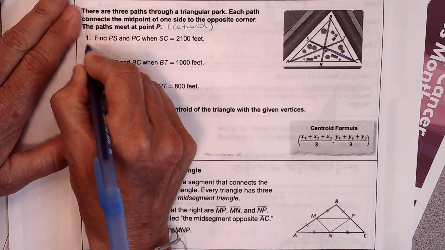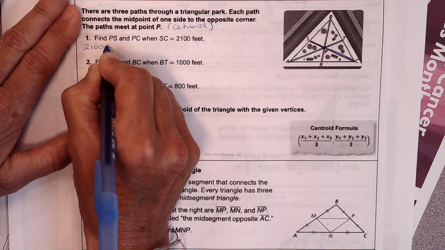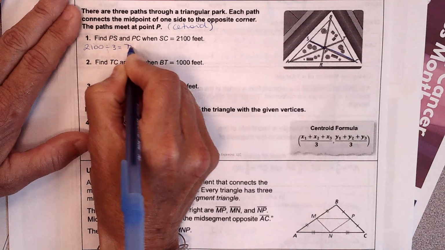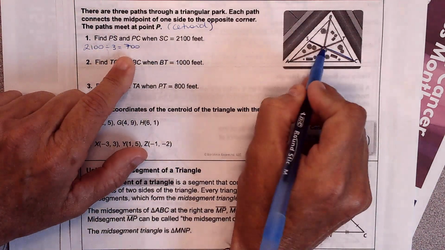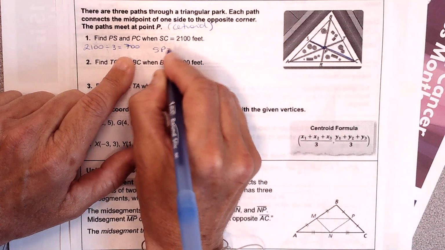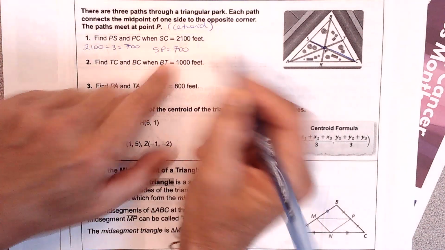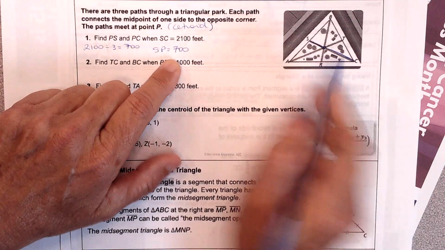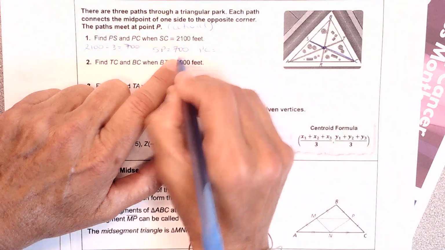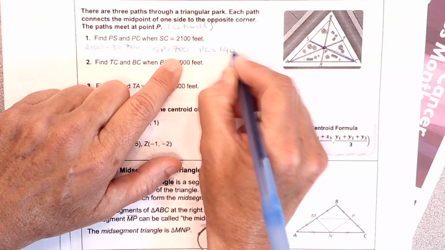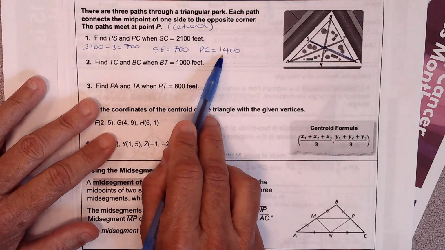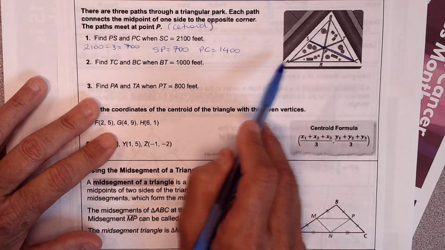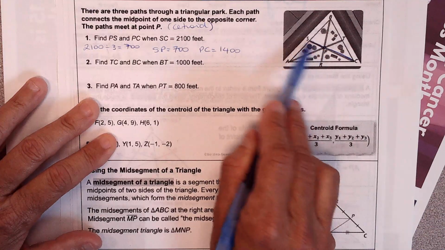I take 2100, divide it by 3, and I get 700. So the shorter part, SP, equals 700, and the longest part, PC, equals 1400. PC is double PS.